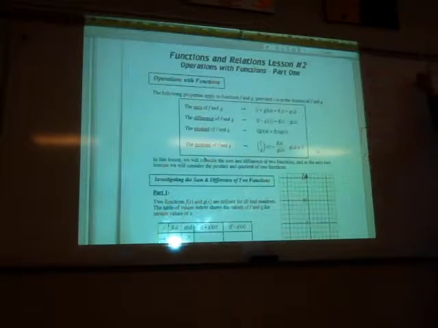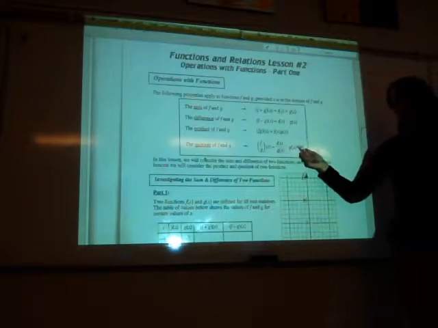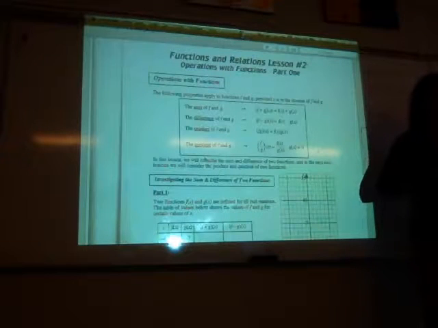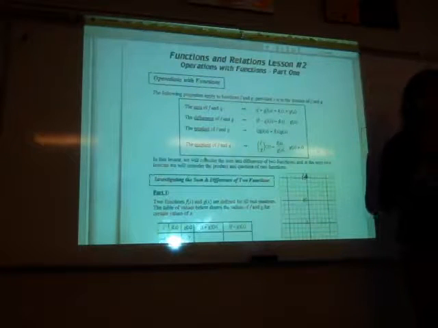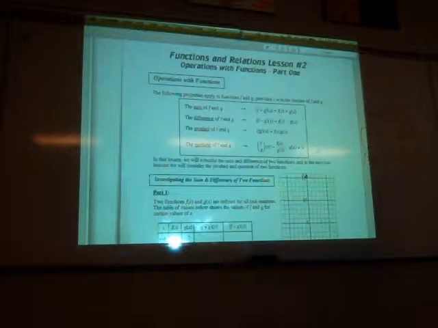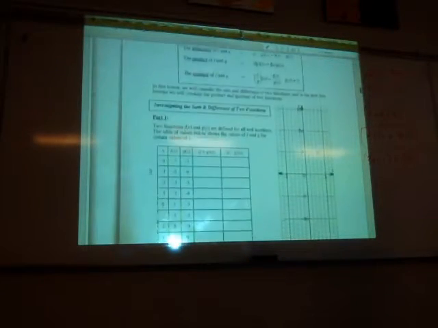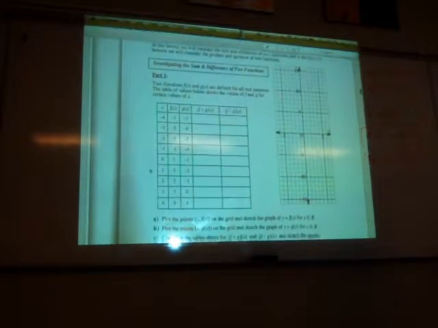So we would take f of x, 3x plus 1, and we would divide 2x. Okay, why can g of x not equal 0? Yeah, you can't divide by 0. Very good.